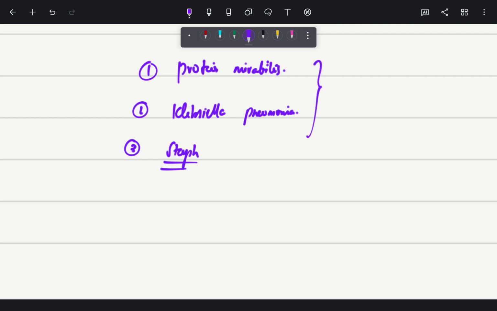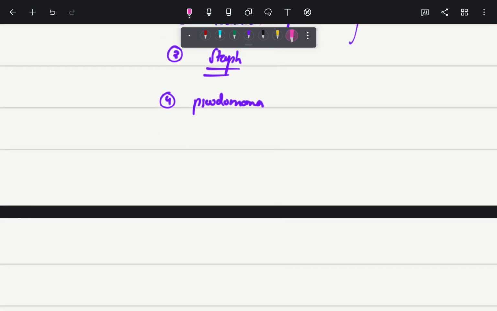Not only that, we have pseudomonas also. All these organisms are urease positive. Now what is the function of this urease enzyme?